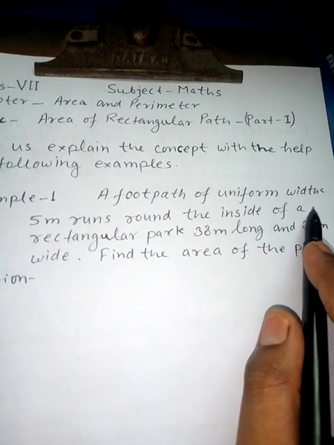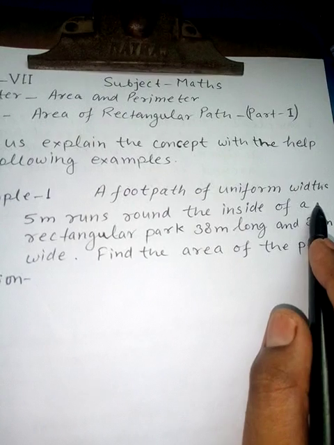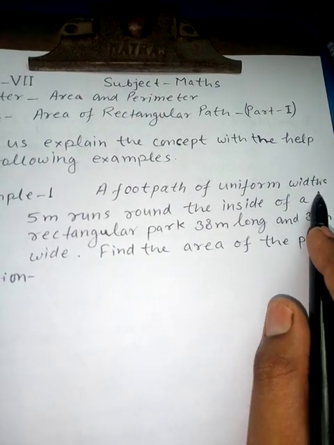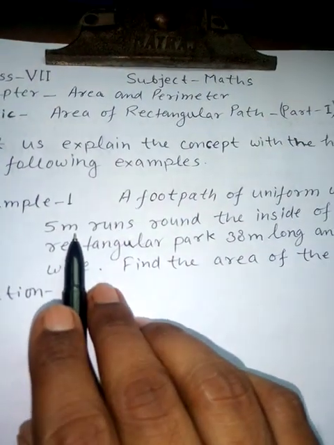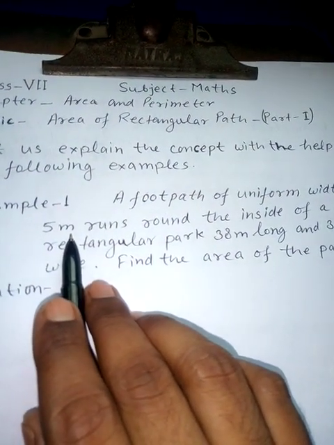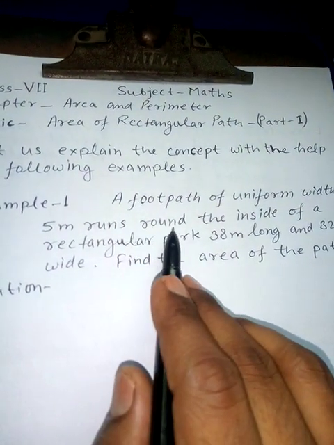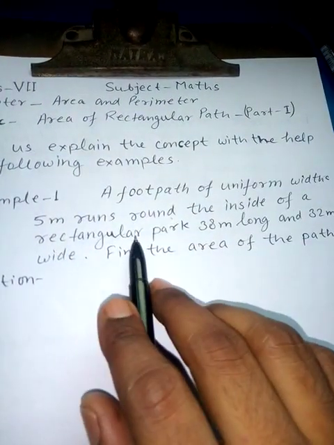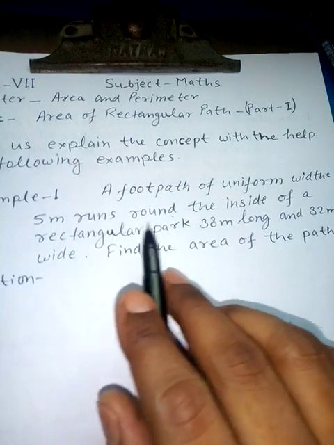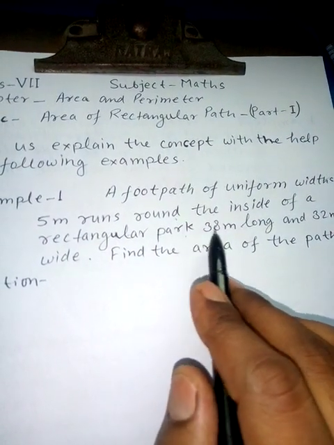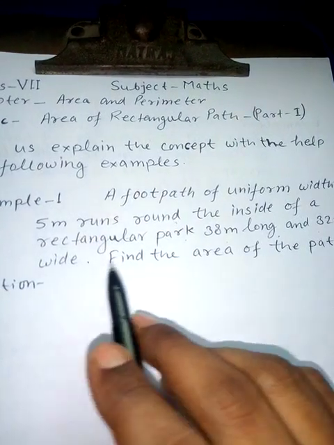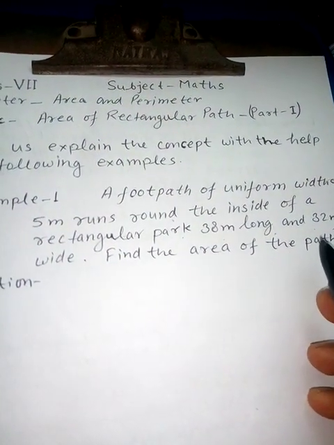Uniform width means the width of this path is the same in all places, whose 5 meter width runs round the inside of a rectangular park, 38 meter long and 32 meter wide. Find the area of the path.